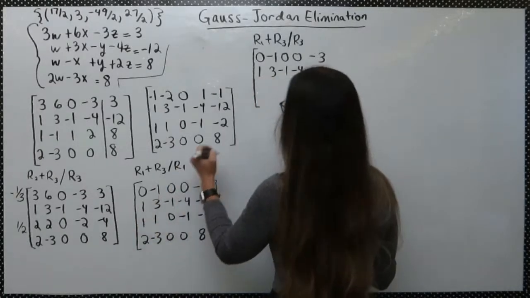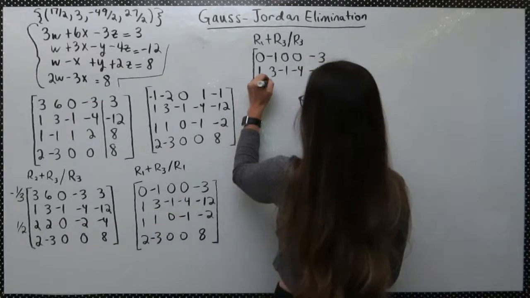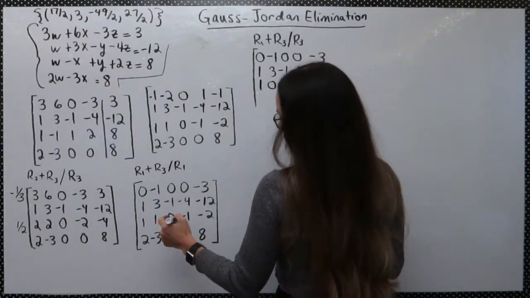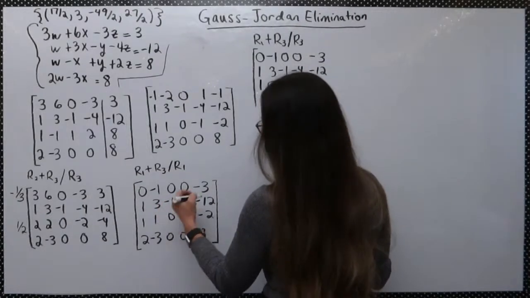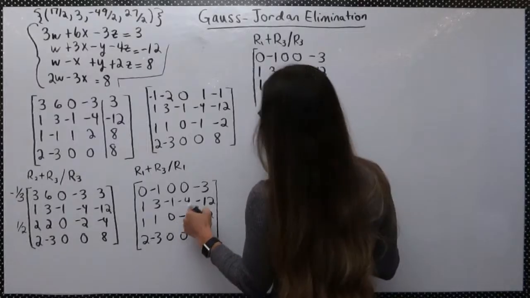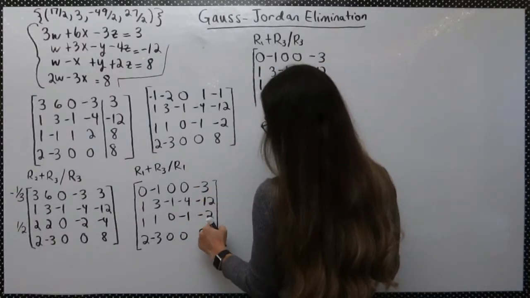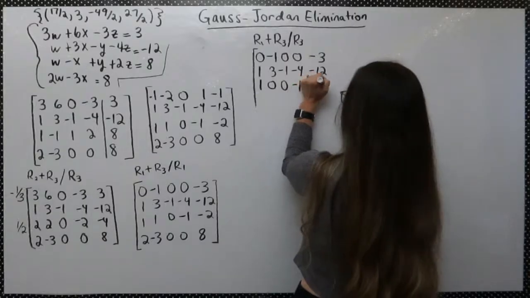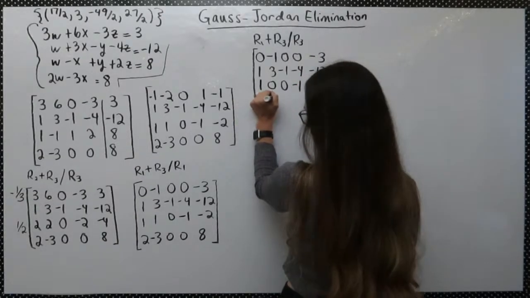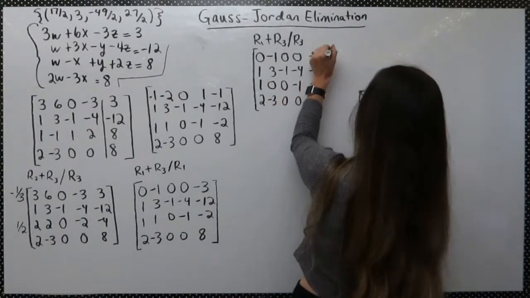So 0 plus 1 is 1. -1 plus 1 is 0. 0, 0 is 0. 0, -1 is -1. And -3 and 2 is -5. And then we'll just copy the row 4. 2, -3, 0, 0, 8.